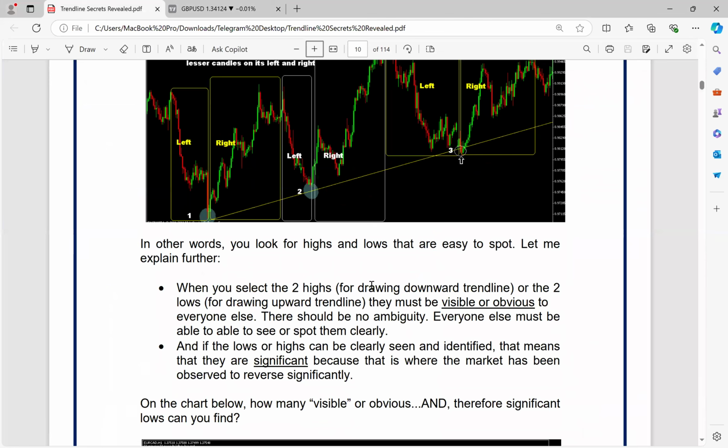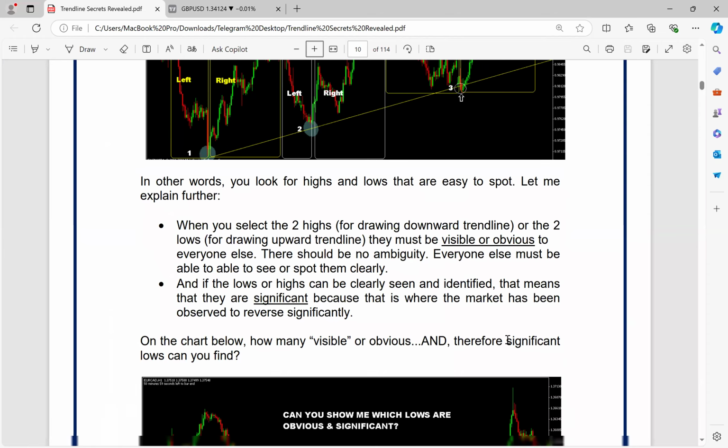Moving on, it says that when you select two highs for drawing a downward trend line, or two lows for drawing an upward trend line, they must be visible or obvious to everyone else. There should be no ambiguity. Everyone else must be able to see or spot them clearly. If two lows or highs can be clearly identified, that means they are significant, because this is where the market has been observed to reverse significantly.